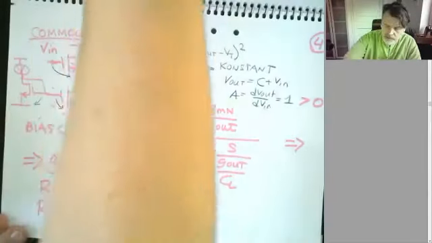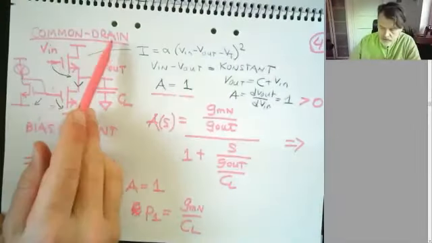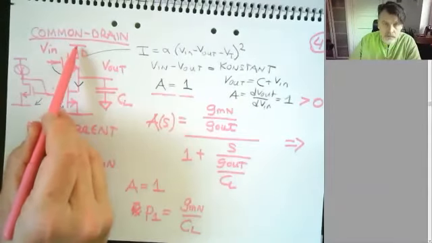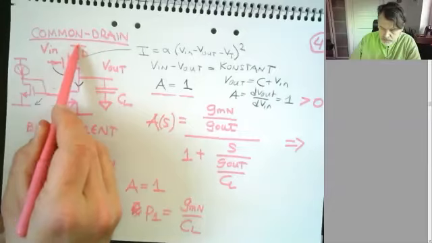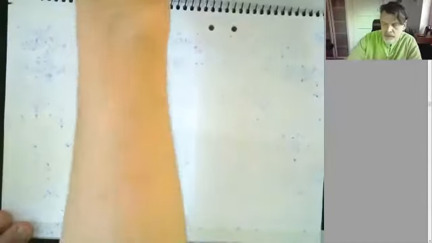Okay, so we looked at common source and common drain. It's called common drain because the drain node here is connected to AC ground at the top here. So let's look at the last building block before we combine them.